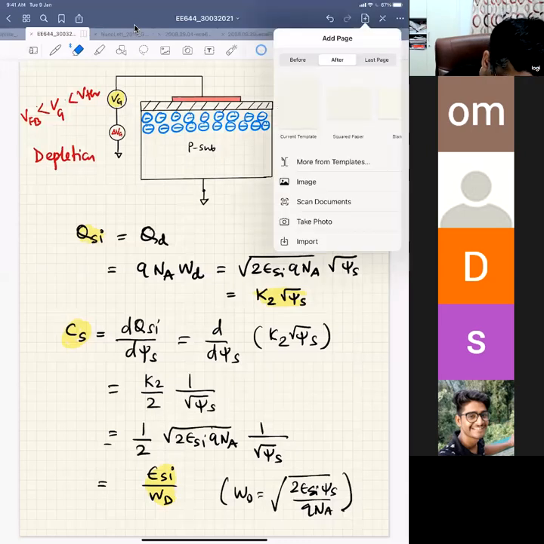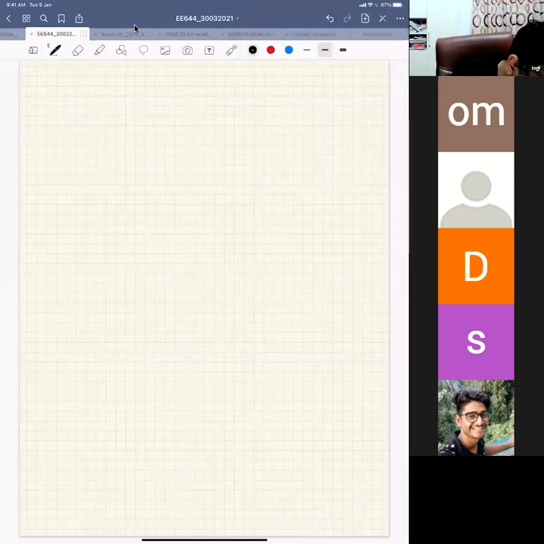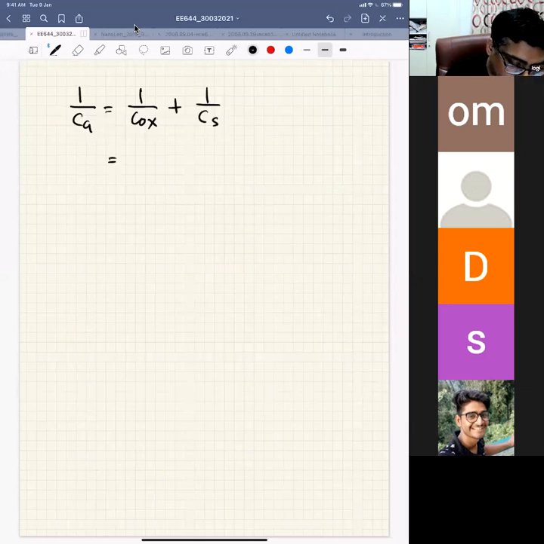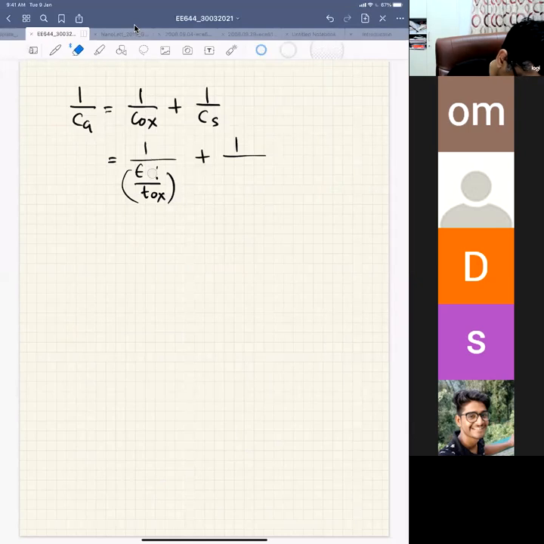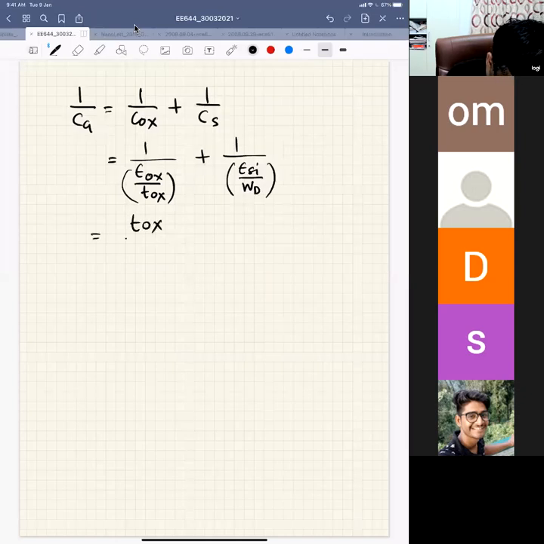And this capacitance, if you derive, will be epsilon Si by WD. And you see, your 1 by Cg is 1 by Cox plus 1 by Cs. So 1 by Cox is Tox by epsilon ox, and 1 by Cs is WD by epsilon Si. So this is Tox by epsilon ox plus WD by epsilon Si.